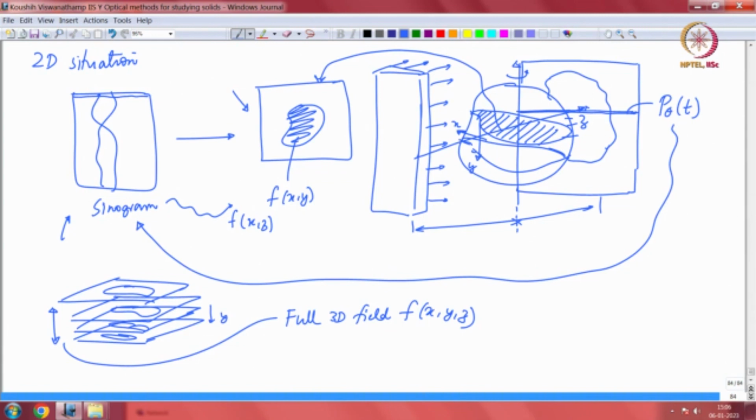Of course, in practice it never works like that. You have a point source, and so we will talk about how to deal with point sources a little later on. But in principle, if you had something like this, you can then reconstruct stack by stack. For each stack you have a p theta, theta being the rotation about the vertical axis for the object. So that will give you the set of stacks and you will get a full 3D field in principle, again theoretically.